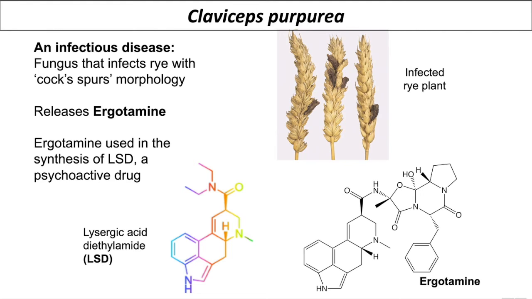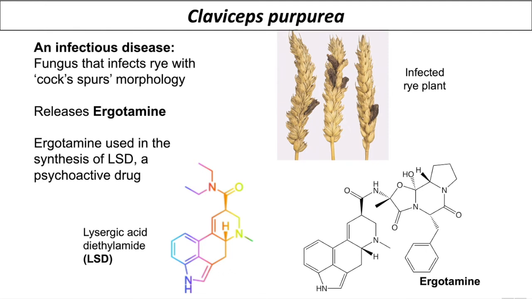It has a morphology called the cockspur morphology, and it's these darker and larger extensions that happen on the area with the rye seeds. Now, in this particular picture, it's a really obvious difference between the cockspur and the rest of the rye. As rye continues to age, it gets darker and darker brown in color, and so there's many times where you really can't tell the difference between an infected rye plant and an uninfected rye plant just from looking at it.